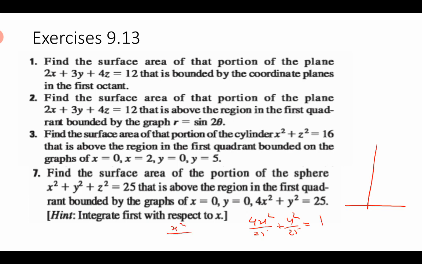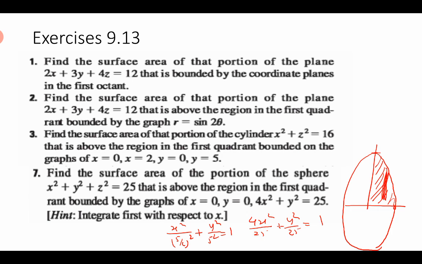That is x square over (5 by 2) whole square plus y square over 5 square is equal to 1. This is the form of the ellipse. So the x-intercept is just 5 over 2, 2.5 here, but the y-intercept is 5. So it is an ellipse whose primary axis is y. This way it goes, isn't it? So we are dealing with the first quadrant of the ellipse.